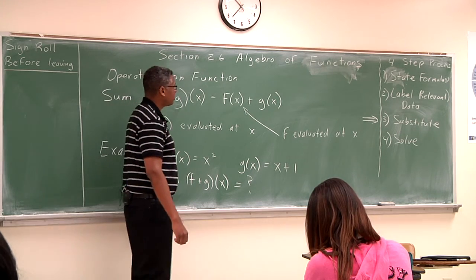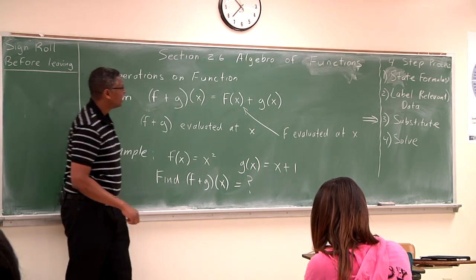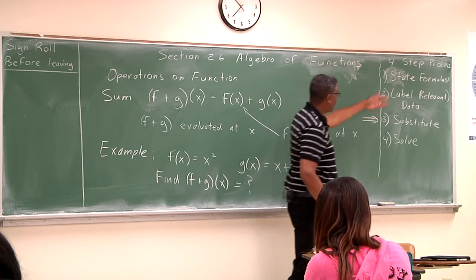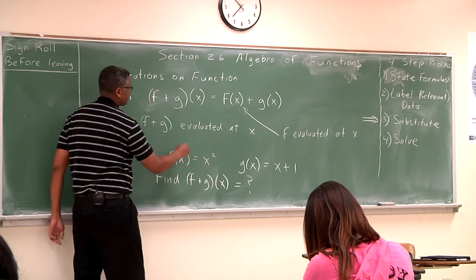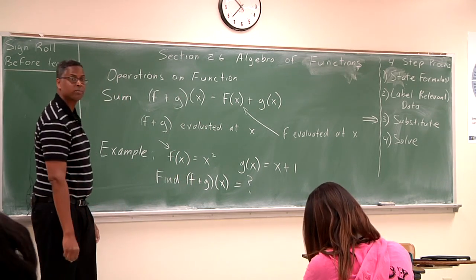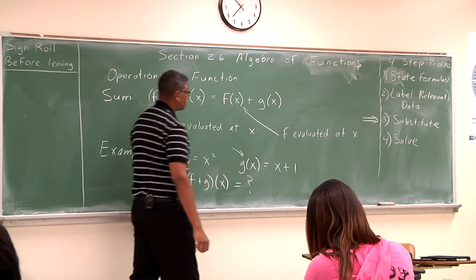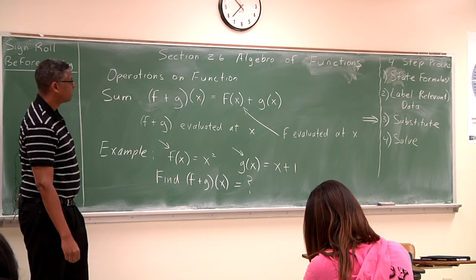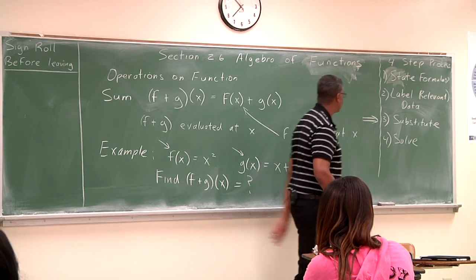So if you state the formula, well, that's the formula that we're stating. If you label the relevant data from the formula, you'll notice that the f of x is basically the given of the problem. It's x squared. The g of x is also given. It's x plus 1. So what's the next step in our process? We're going to substitute.